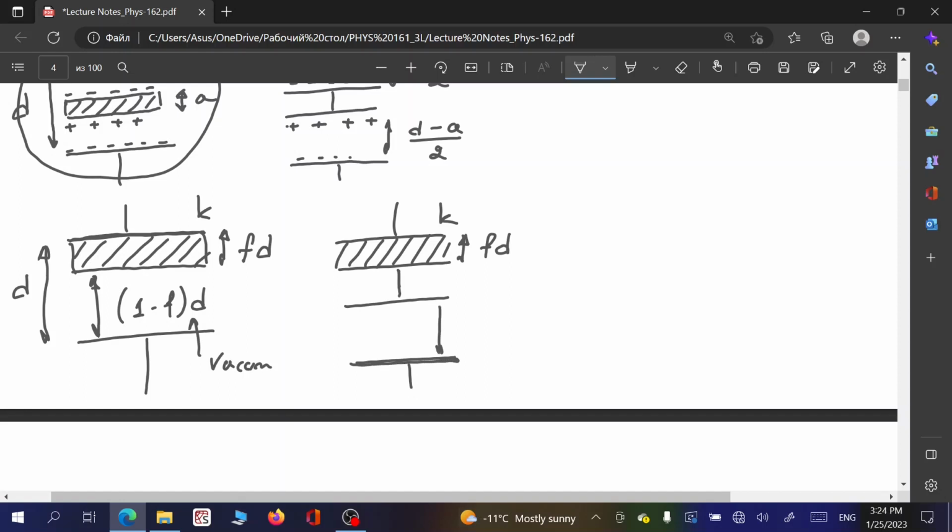And here it will be just empty space between two plates, and their distance will be (1 minus f) times d. So again, you calculate the capacitance of each of these components of the battery of capacitors and apply the rule for equivalent capacitance calculation when we have two capacitors connected in series.